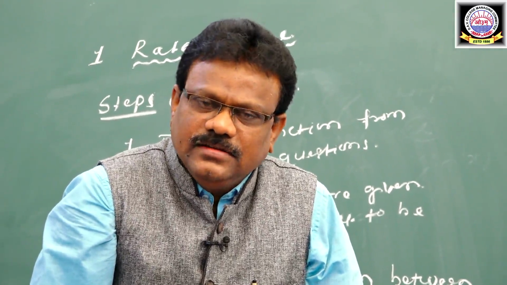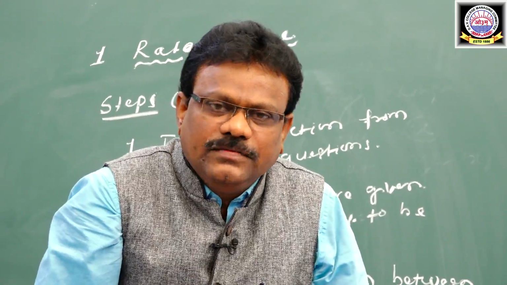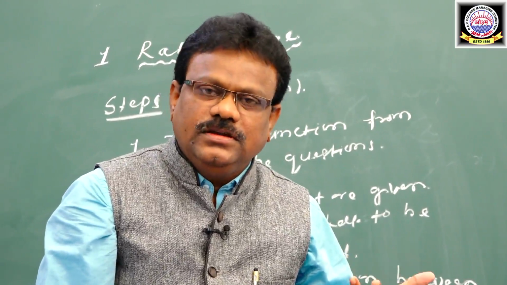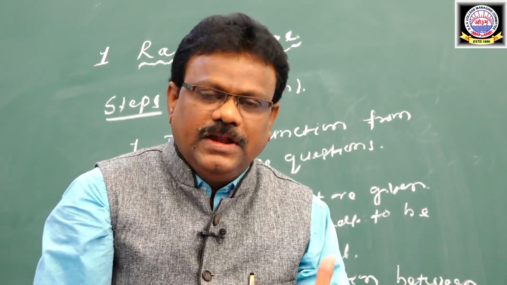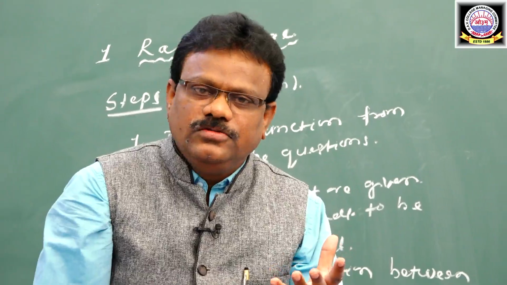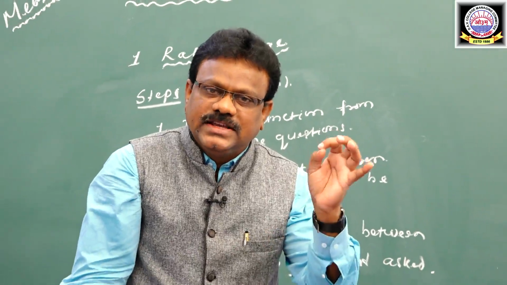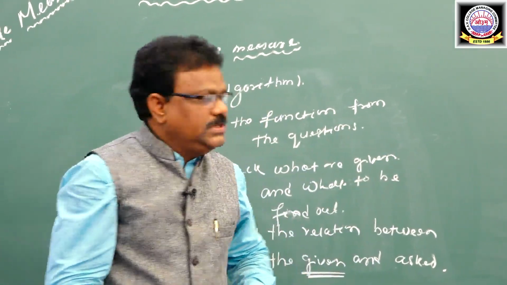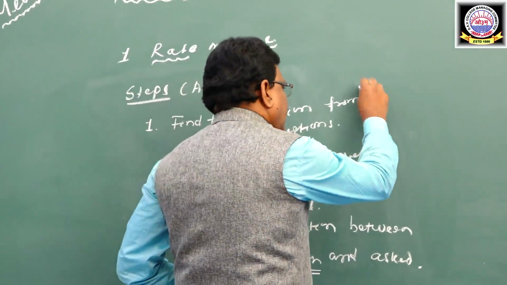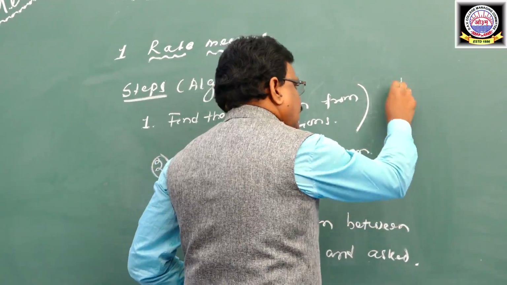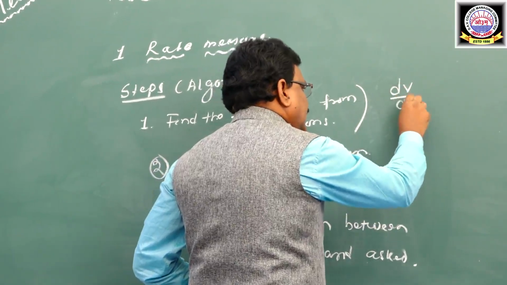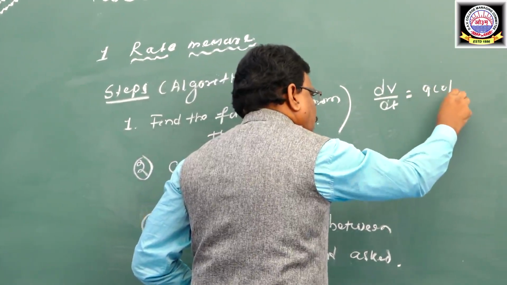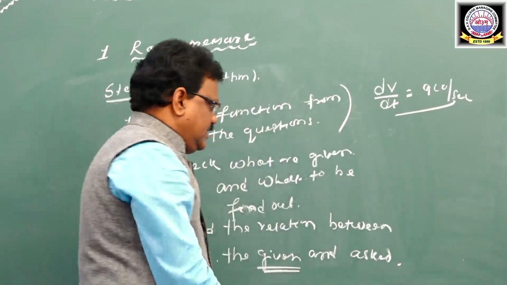That means the round spherical balloon is a sphere, and what is inflated is the volume. So the volume of the sphere is the name of the function, and dV by dt is given, say 9 cubic centimeter per second.